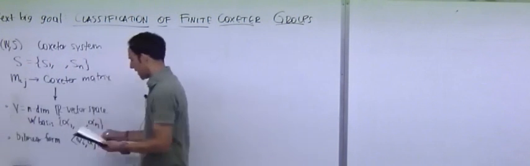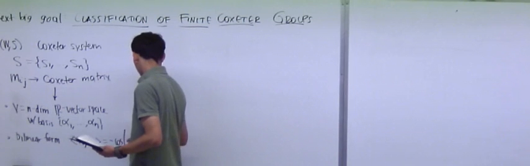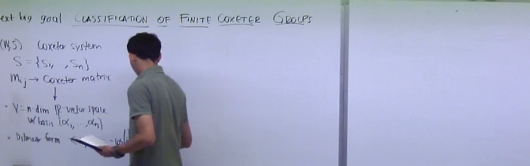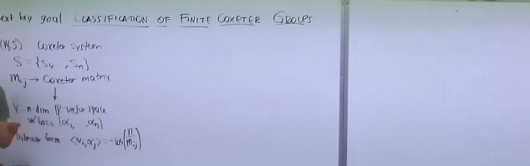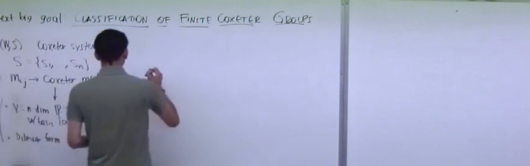So I have to tell you what B of alpha i, alpha j is, and we said that that was going to be minus cosine of pi over m_ij. Okay. And so we go from the Coxeter group to the vector space with bilinear form. And this is the relationship that I want to talk about today.